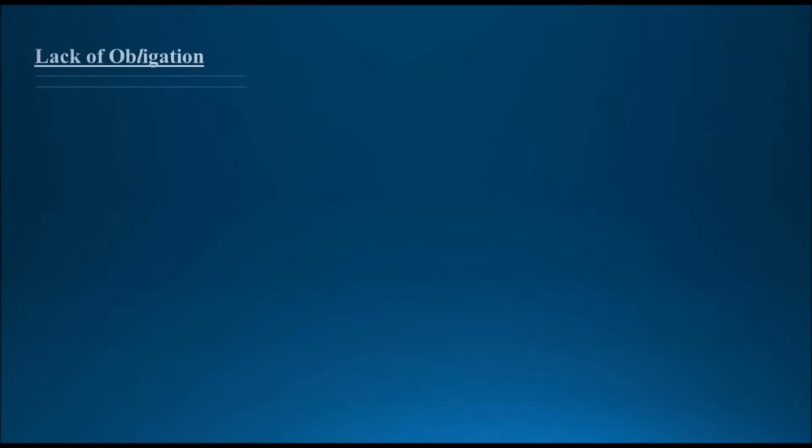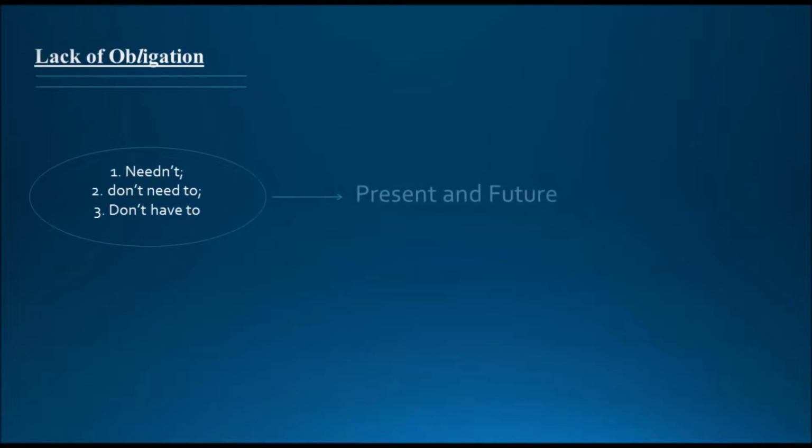And the third group, lack of obligation. We use needn't, don't need to, and don't have to talk about lack of obligation in the present and future. To talk about past, we use needn't have done and didn't need to do.